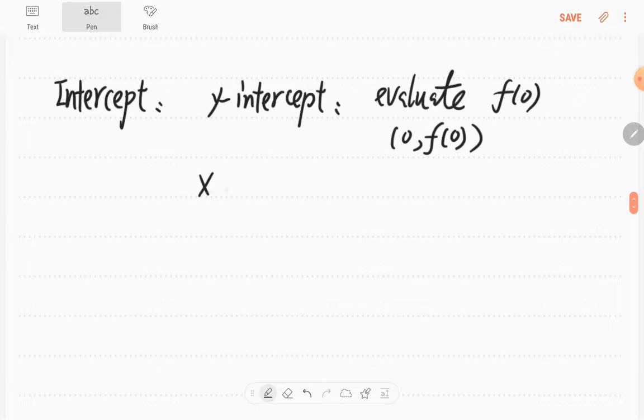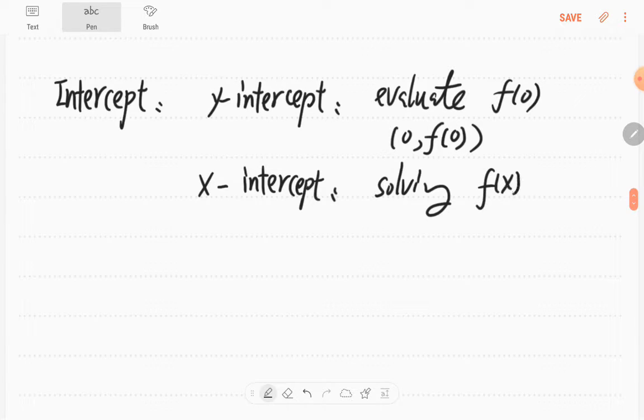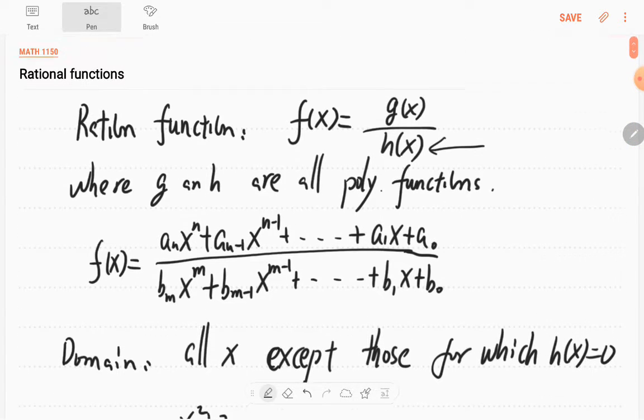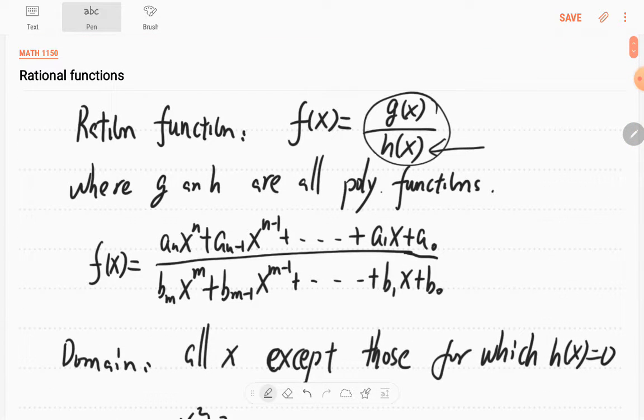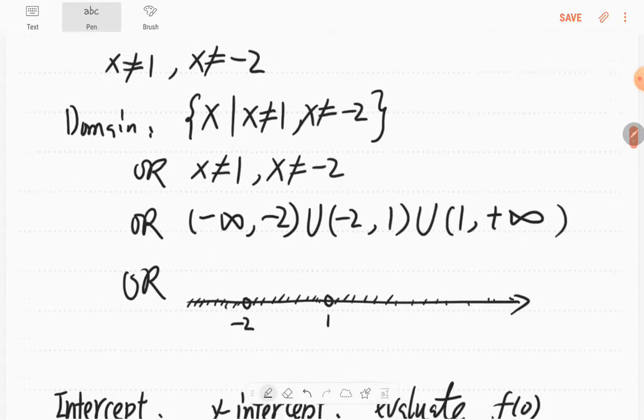For the x-intercept, we solve f of x equals 0. If f of x can be written as this fraction equals 0, we cannot make the denominator 0, so we only need to solve g of x equals 0, right?